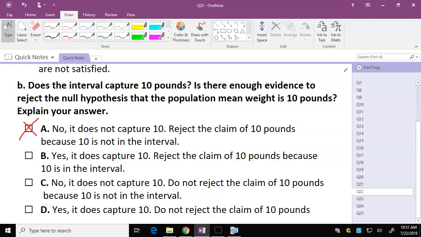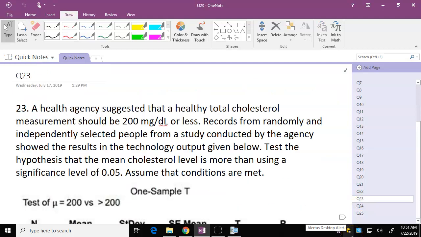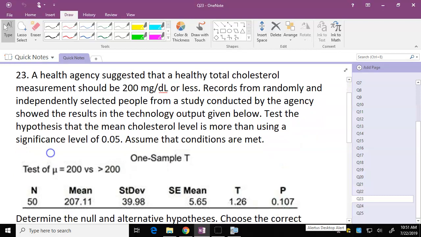Number 23 is coming from 9.4. A health agency suggests that a healthy total cholesterol measurement should be 200 milligrams per deciliter or less.